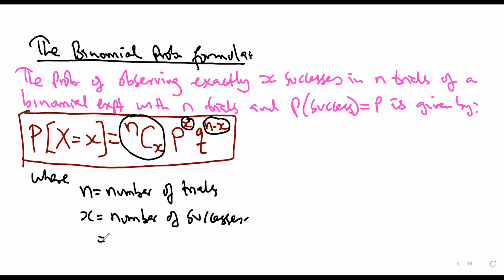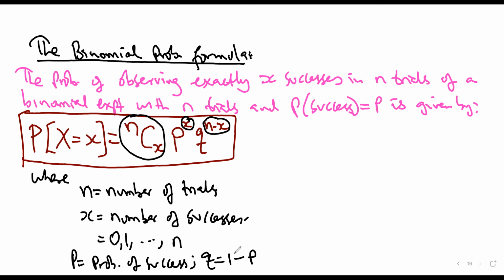And the number of successes will always take the values 0, 1, all the way to N. So if there are 10 trials, then X can take the values 0, 1, 2, all the way to 10. Okay. Then P, of course, as explained earlier, is the probability of success. And Q is 1 minus P.